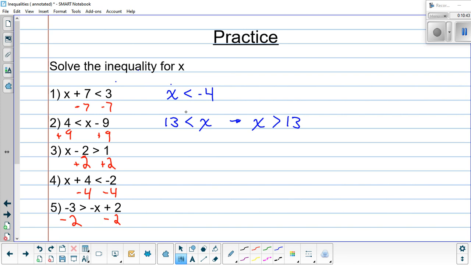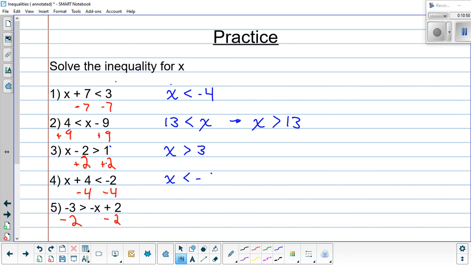Next, we're adding 2. So here, we're just going to have x, and it's bigger than 1 plus 2, which is 3. Similarly, for our next one, we have x is less than negative 2, add negative 4.